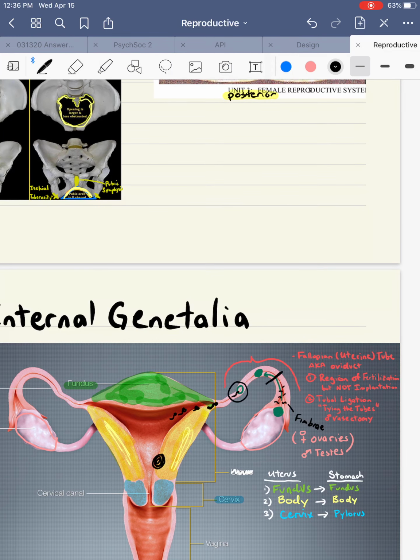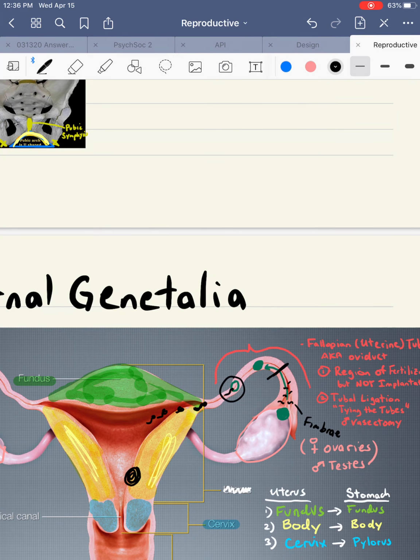And some of you are thinking, well, what's going to happen to the egg? What's going to happen to the sperm? They're both going to die, right? A woman can release about 400 eggs per lifetime, once a month from adolescence to menopause, right? Is it possible for a woman to reverse the process?